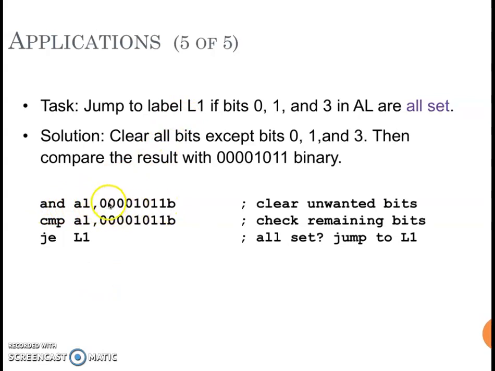The 0 means all the other bits need to be cleared. If these 3 bits are still equal to 1 after the AND, AL is updated, and it needs to be exactly equal to this value. That means they are all set. So we use JE to jump to L1.